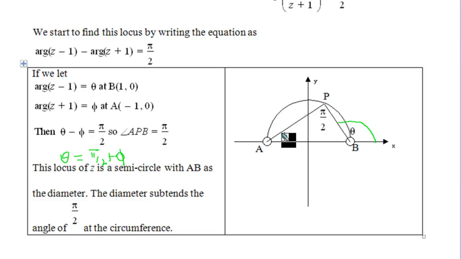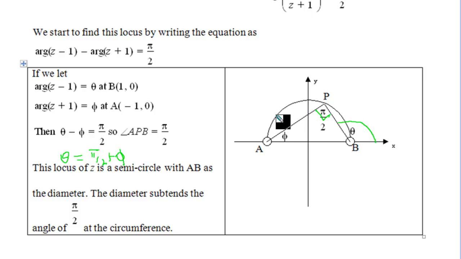So when you see that, you go, well, okay, that's forming a right angle there. What must it be? Well, that starts to give us a situation where AB can be a diameter of a circle, because that forms an angle in a circle. If you remember our circle geometry rules, that's the angle in a semicircle, which means we get a semicircle, because pi on 2 can be anywhere.